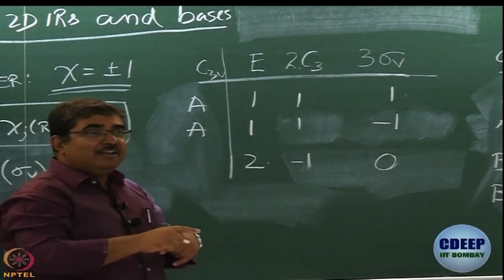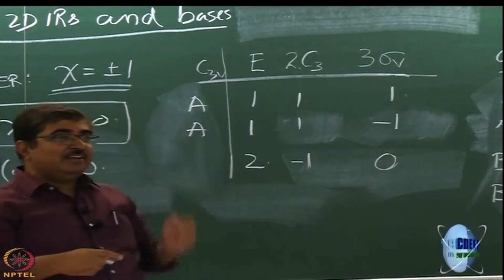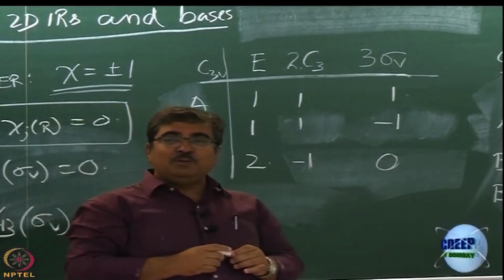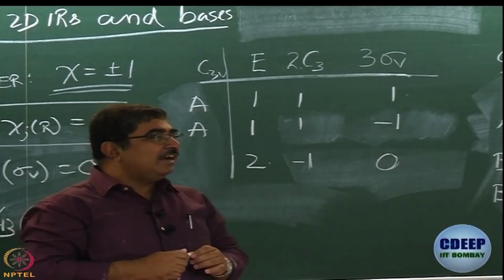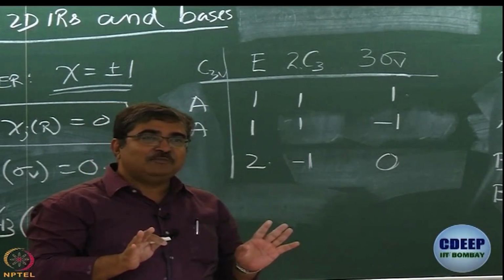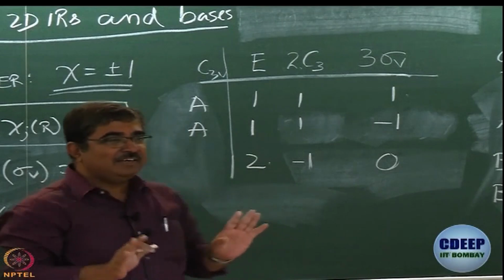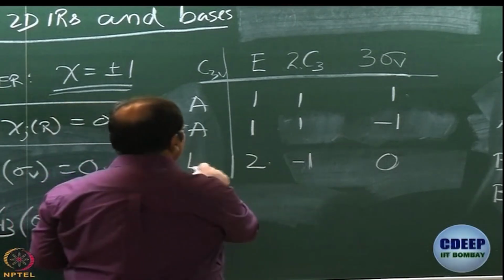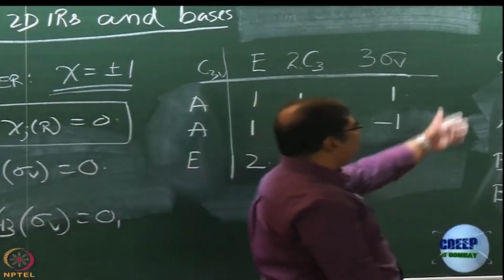So, now Mulliken had to think a little more and said, okay, one dimensional is done, either A or B. What do we call a two dimensional representation? C, D, I have no idea whatsoever why Mulliken did not like C or D, but he said that if it is two dimensional, you call it E. But see, this is not a happy situation. I have two A's and two B's.